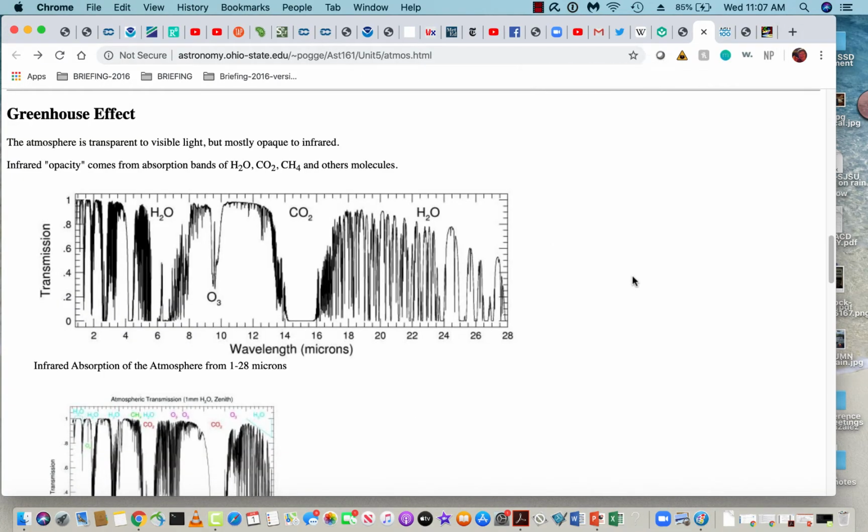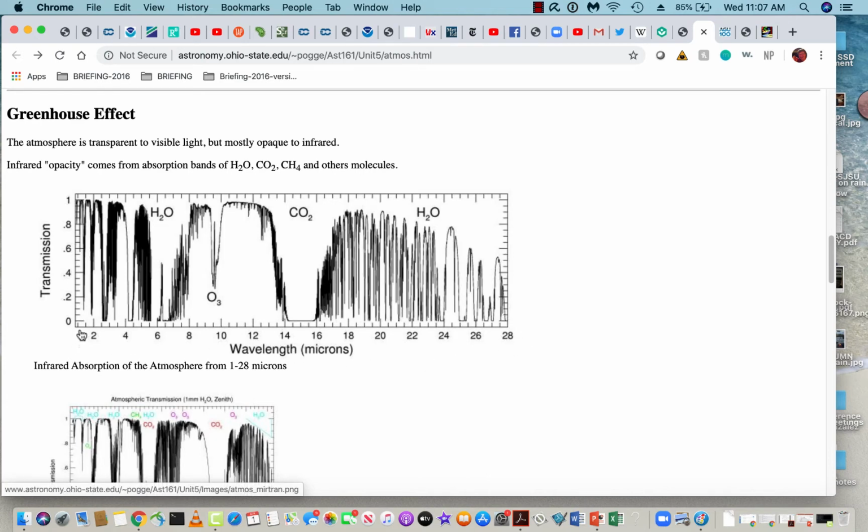So again, although I started out by talking about shortwave radiation, most of this shown in this diagram obviously is for long-wave radiation. But the same holds true. This is an example of the transmission of radiation through the atmosphere as a function of wavelength in microns.